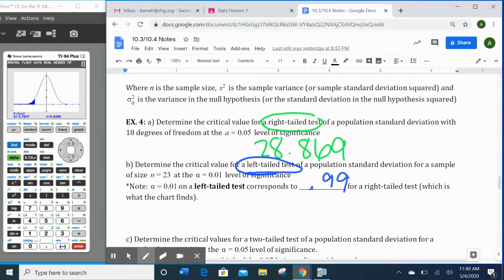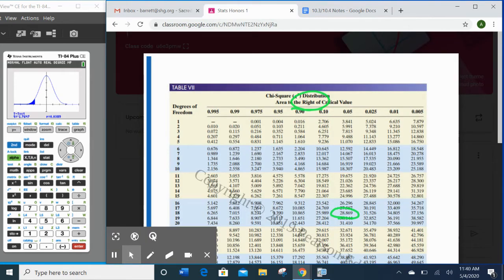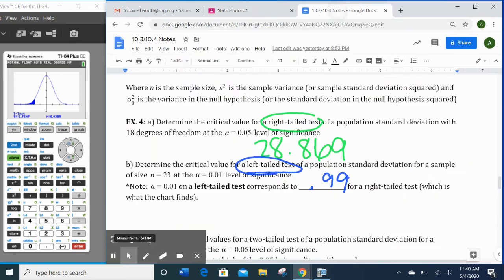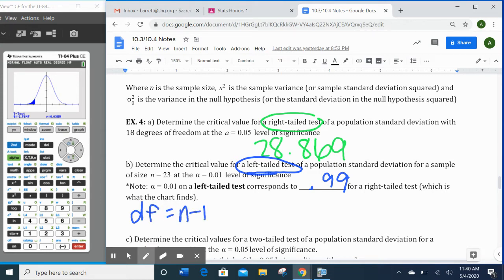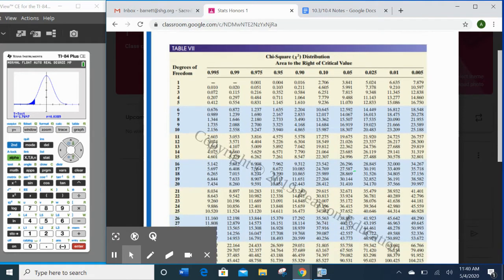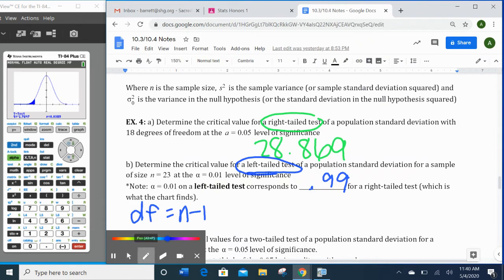Also, please be aware that they gave me n, and the degrees of freedom is n minus 1. So I'm actually going to be using 22 on my chart and 0.99. When I match those two up, I get 9.542. So the critical value is 9.542.